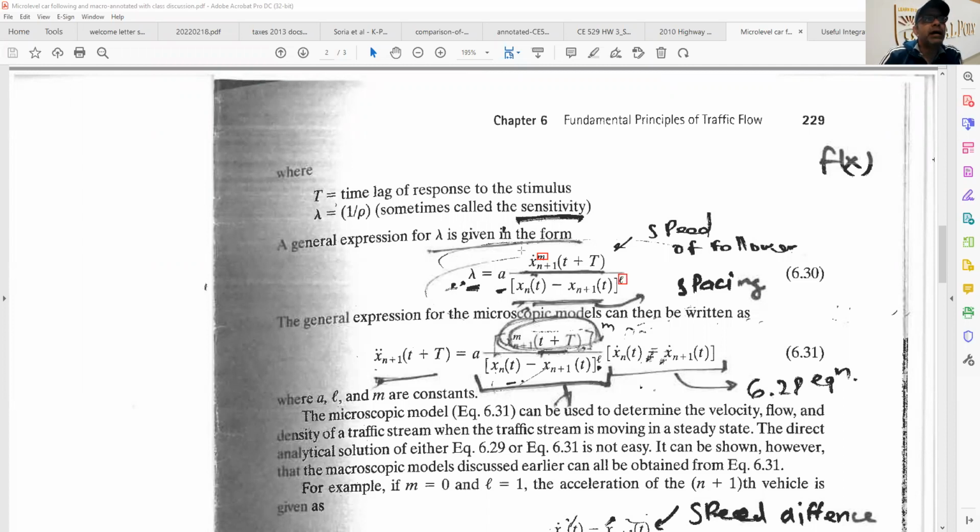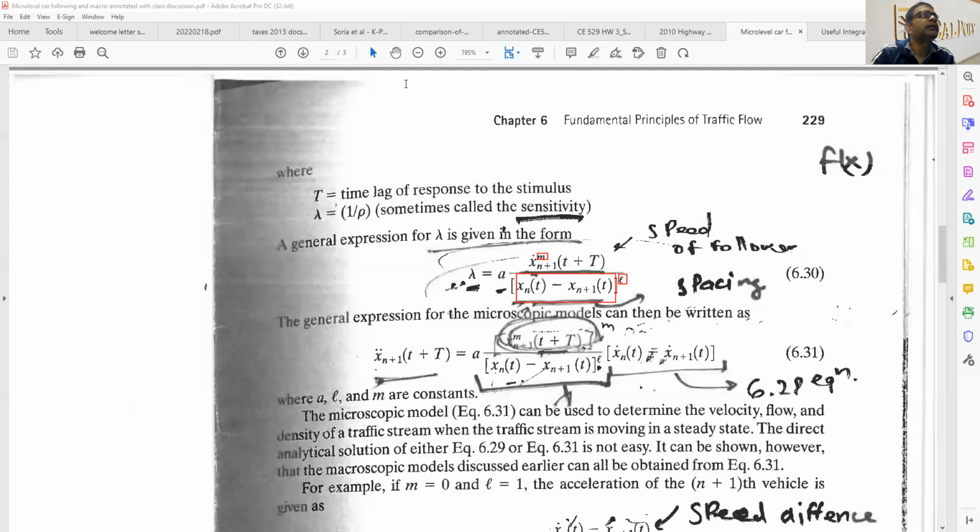The numerator as a whole is the speed of the follower at the time when they're accelerating or decelerating. And this denominator defines the space headway, which is basically the same as the spacing between the leader and the follower. So space headway will probably be the correct parameter.